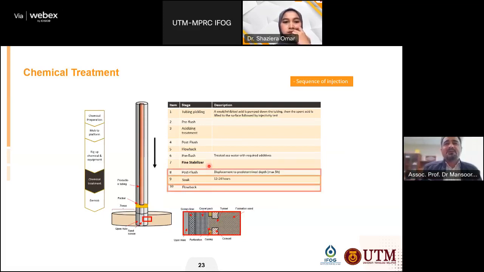We soak it for 12 or 24 hours, and then we will flow back. Then this is showing the type of casing and cement, and also the well with sand screen and perforation. So this is a general illustration of how this kind of process is used.